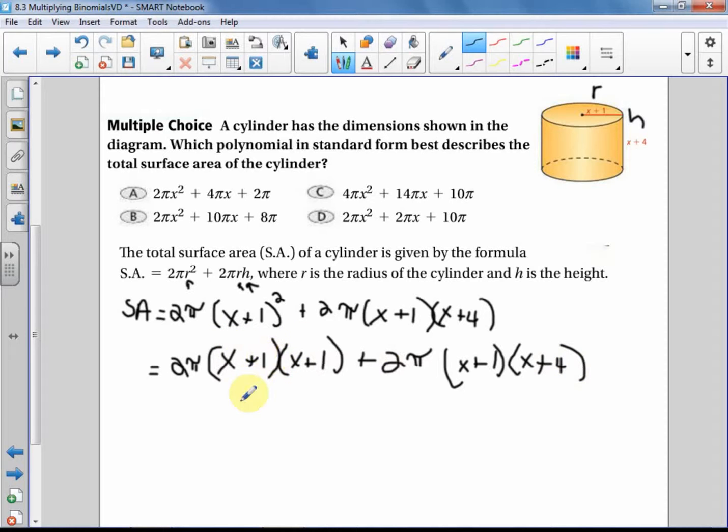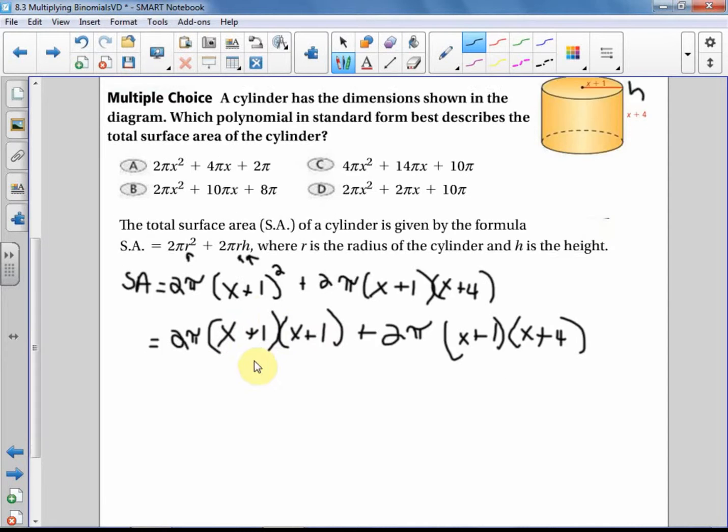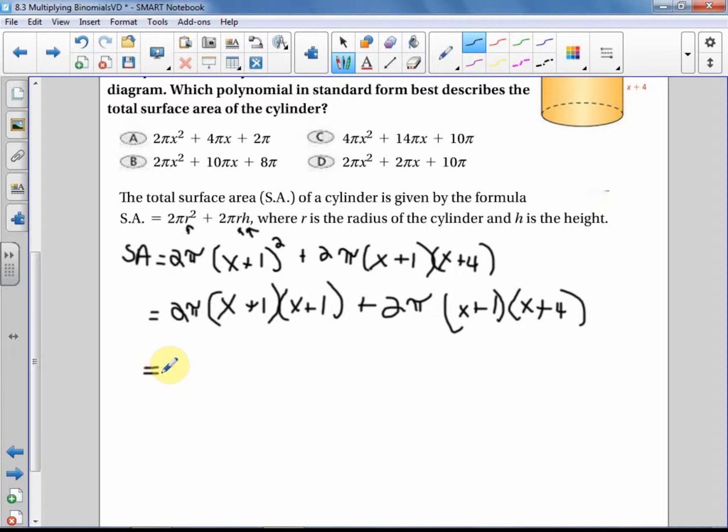Now I'm going to find the product of these two binomials. You can use any method that you would like. I'm going to use the FOIL method of distribution. So 2 pi, I'm going to multiply my first terms for that F part of FOIL, so times x squared, outer terms, just 1x, inner terms, plus x, and my last terms, which is plus 1, plus 2 pi, can't do anything with that yet.